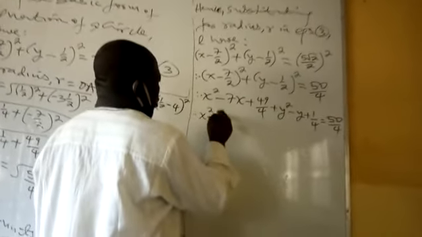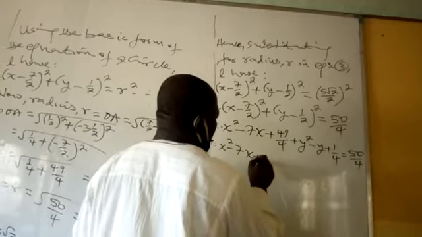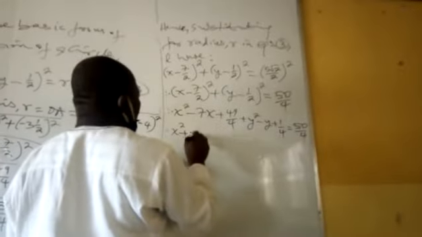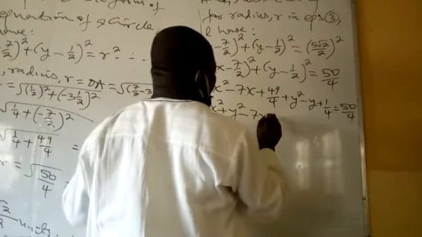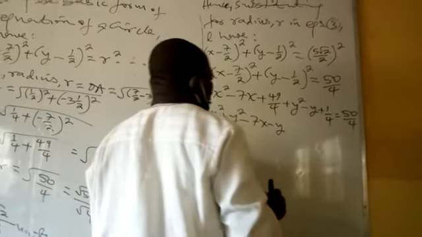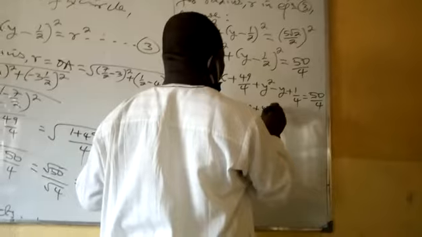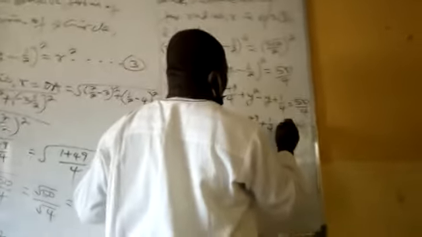Writing the terms with the highest power, I have x squared plus y squared minus 7x minus y plus 49 over 4 plus 1/4 minus 50 over 4 is equal to 0.